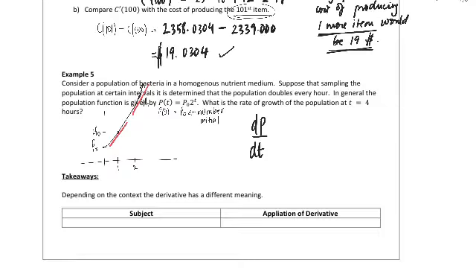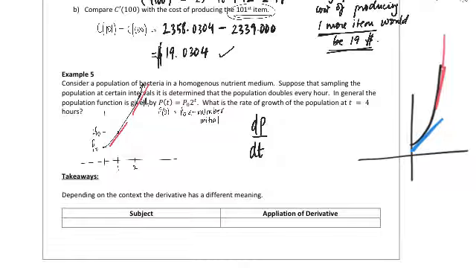And you can see that this curve is getting steeper and steeper as time goes on, right? So bacteria are going to be growing more slowly at the beginning and faster as time gets more and more, which makes sense because there's more and more bacteria and they're all doubling every hour.